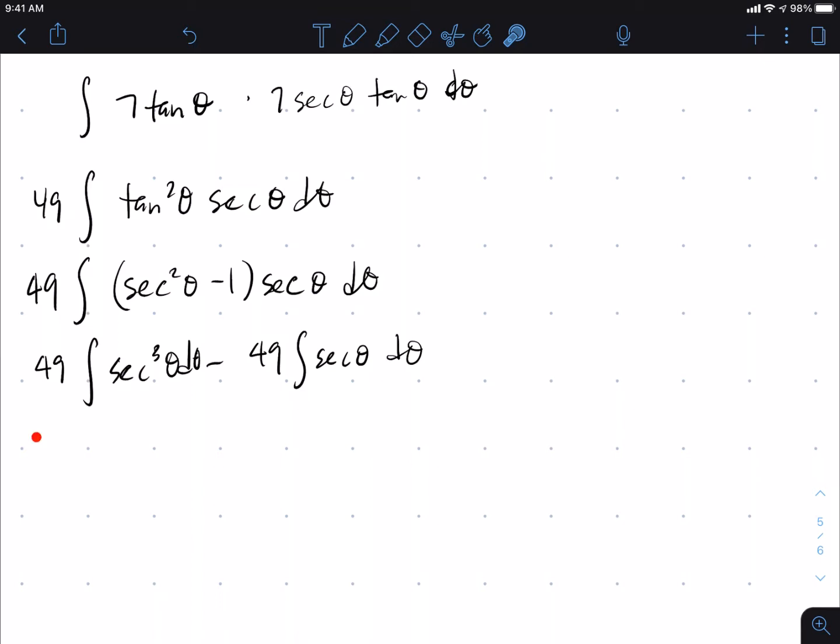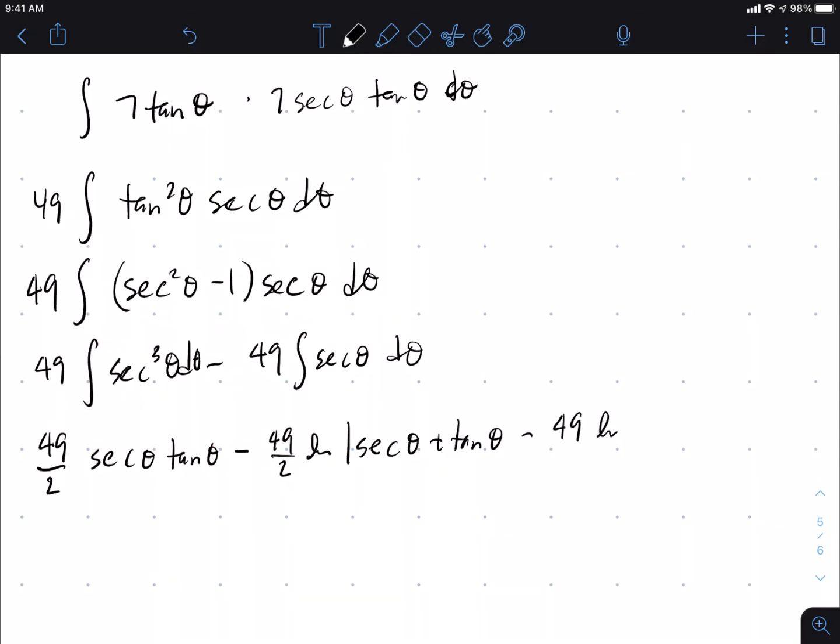Okay, well, I'll put the answer. So it should be 49 over 2 secant theta tangent theta minus 49 over 2 ln of secant theta plus tangent theta minus 49 ln of secant theta plus tangent theta plus some constant c.